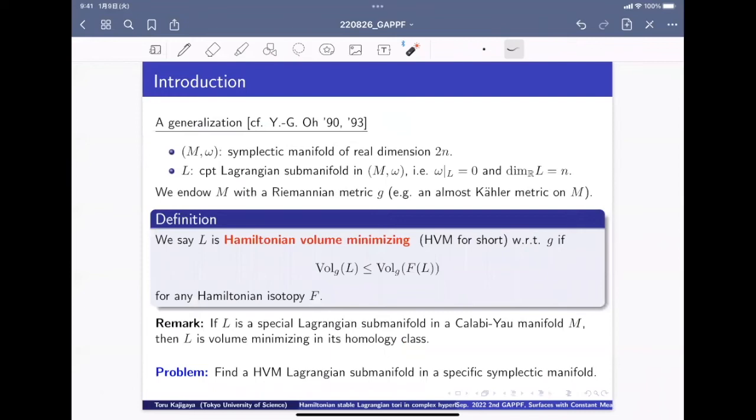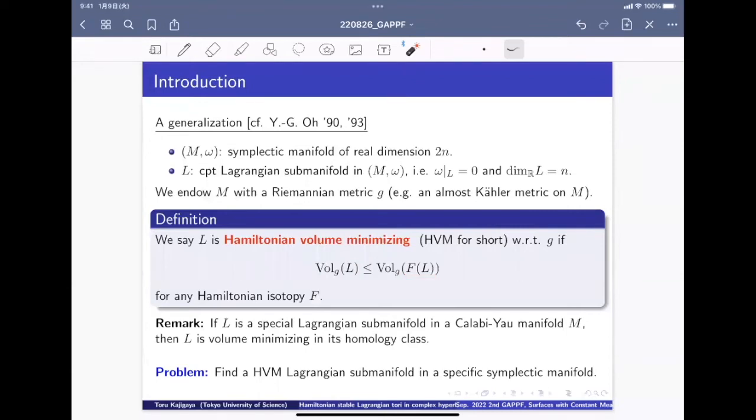As a generalization of this fact, we will introduce the following notion. Let (M, omega) be a symplectic manifold of real dimension 2n and L a compact Lagrangian submanifold in M. That is the submanifold satisfying that the restriction of omega vanishes and the dimension of L is equal to half of the dimension of M. And we endow M with a Riemannian metric g. For example, you can define an almost Kähler metric on M. Then we say L is Hamiltonian volume minimizing with respect to g if the volume of L is smaller than or equal to the volume of F(L).